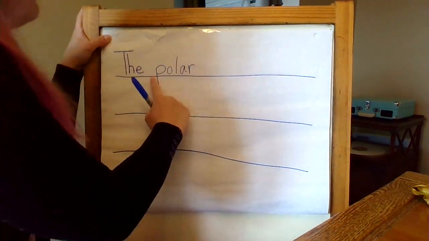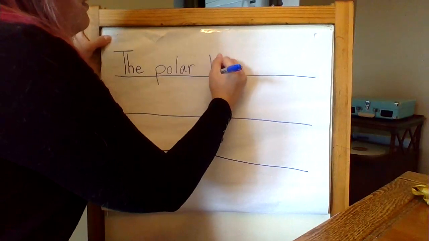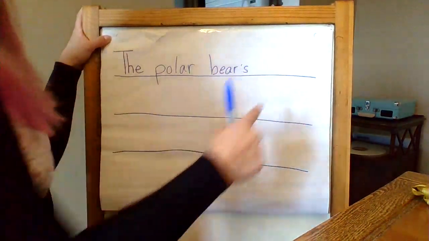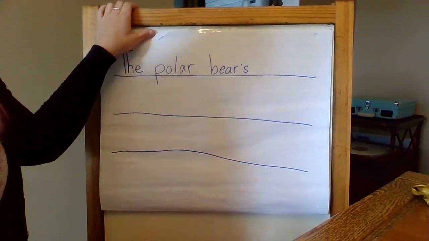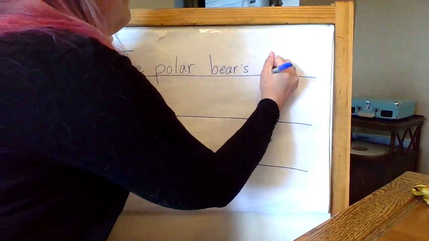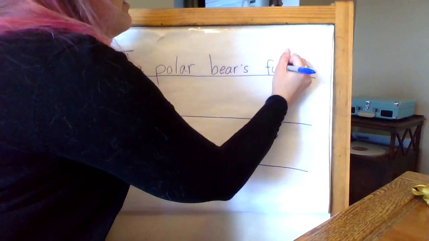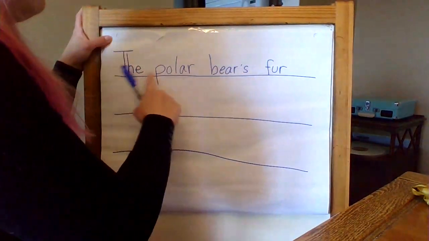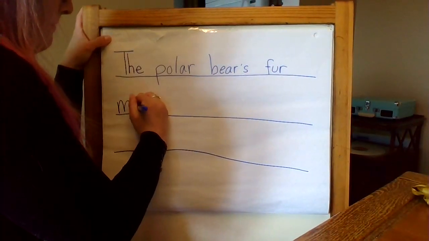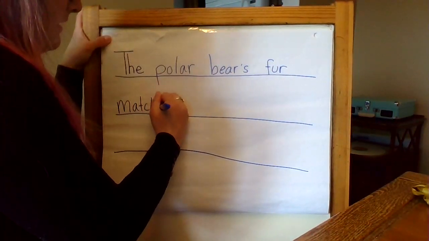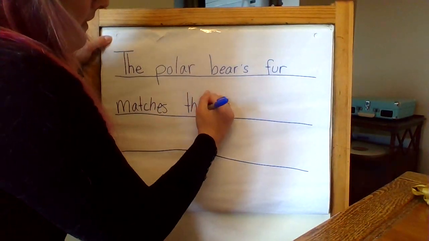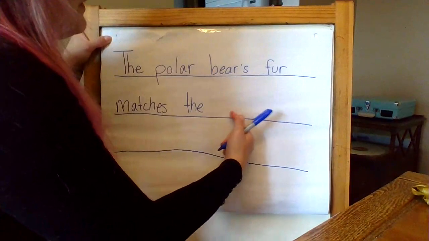Polar bear's fur. Fur sounds kind of like the sight word "for," but it actually has a U in the middle. Fur. The polar bear's fur matches the snow.